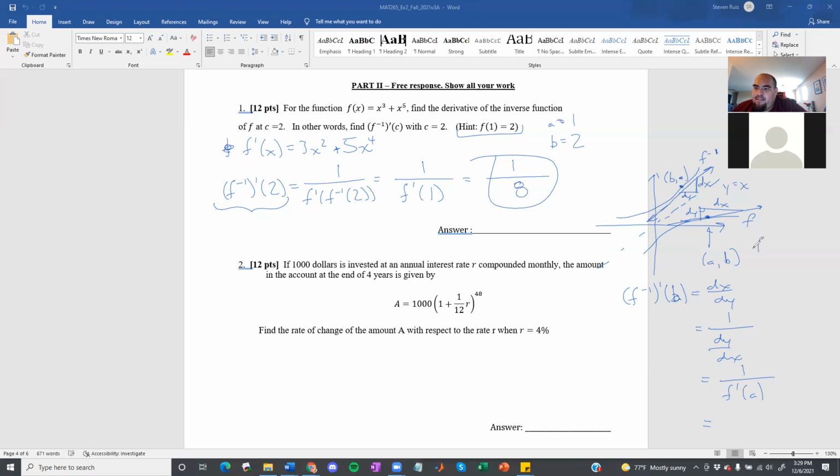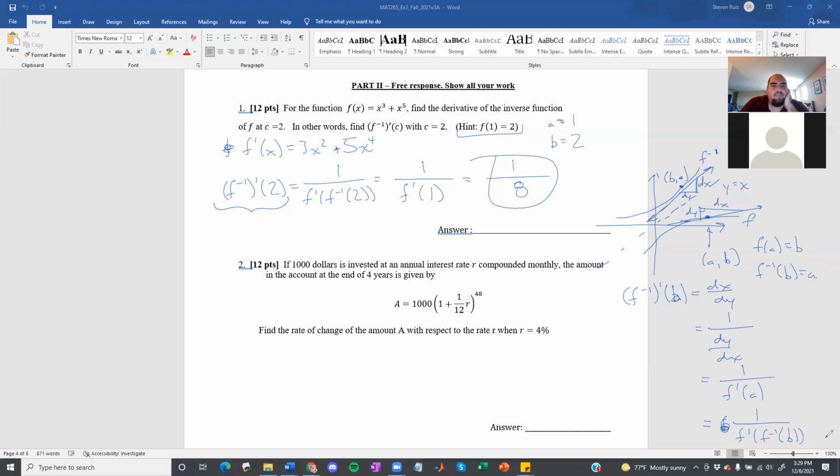Well, I know that f of a is equal to b, which means f inverse of b is equal to a. So I'm going to write this as 1 over f prime of f inverse of b. Gotcha, okay, that makes a little more sense now.